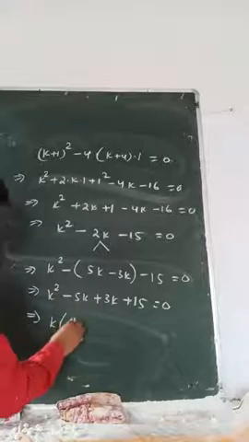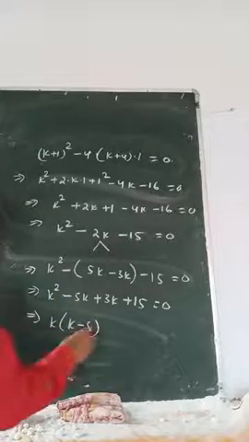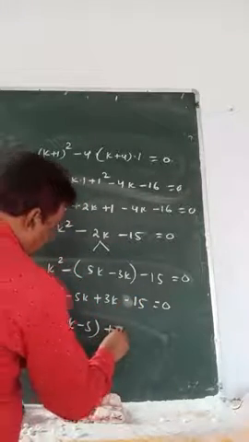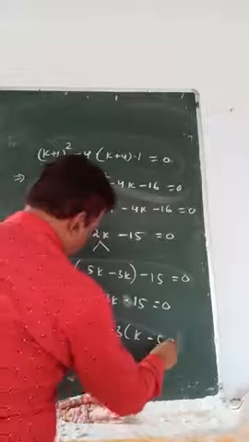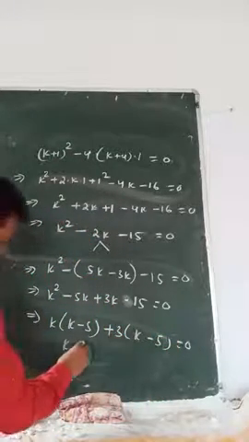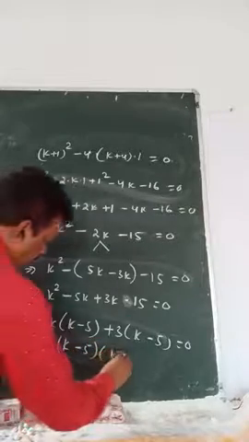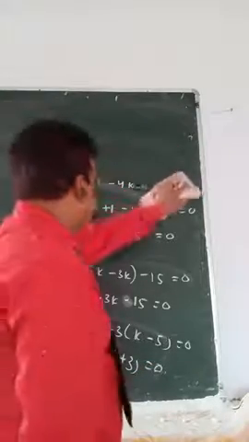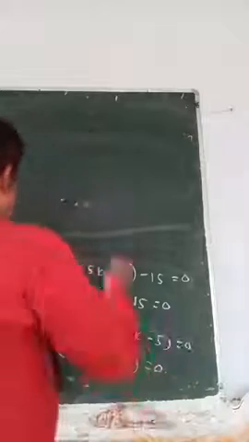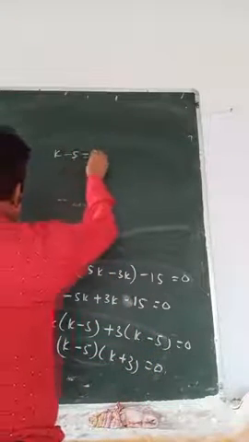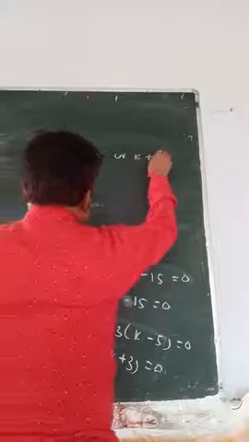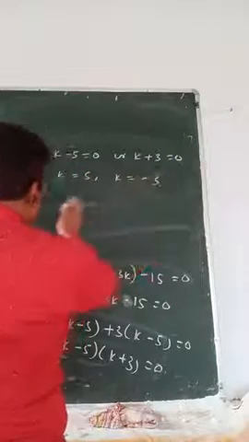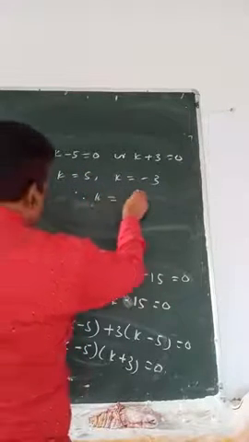K into k minus 5 plus 3 into k minus 5 equals to 0. So k minus 5, k plus 3 equals to 0. So k minus 5 equals to 0 or k plus 3 equals to 0, k equals to 5, k equals to minus 3. K is equal to minus 3, 5.